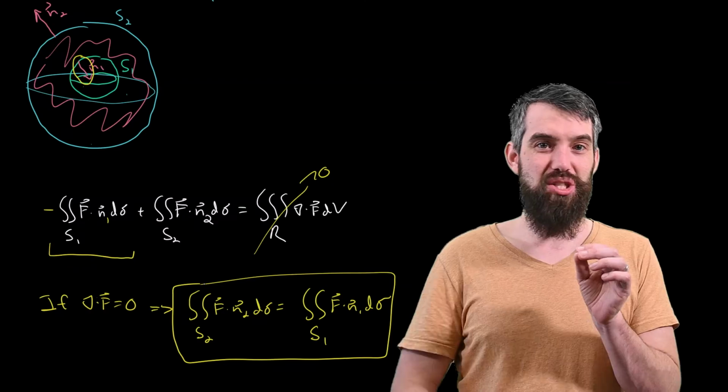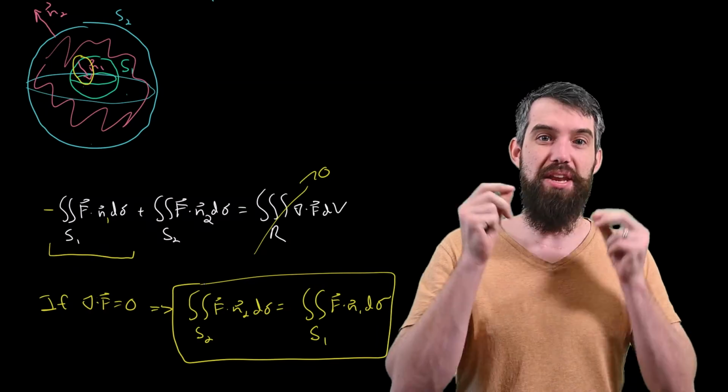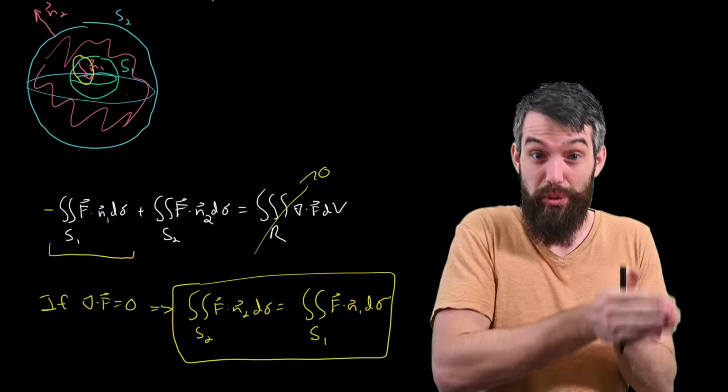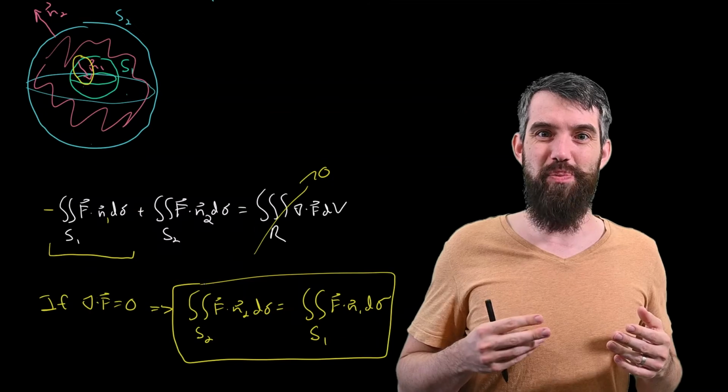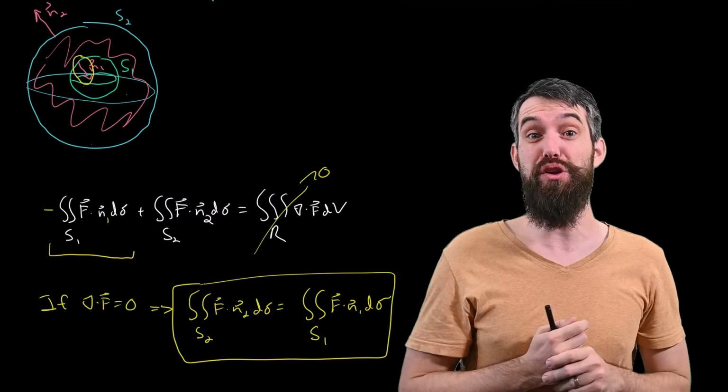That is, the flux over these two completely different surfaces is exactly the same when the divergence is 0. So this tells us some really nice things. If the divergence is 0, then you in fact can replace any surface that you might have with some surface that's much easier for you to compute.